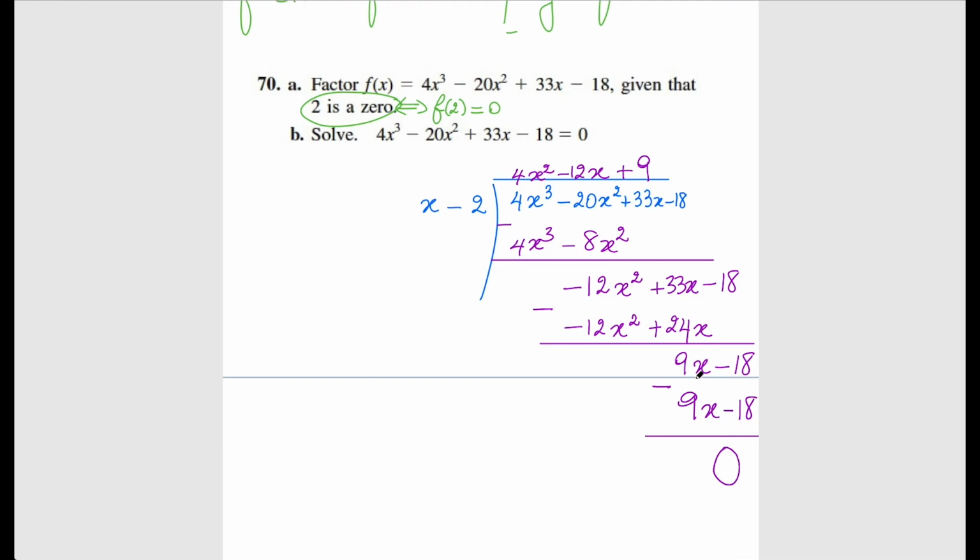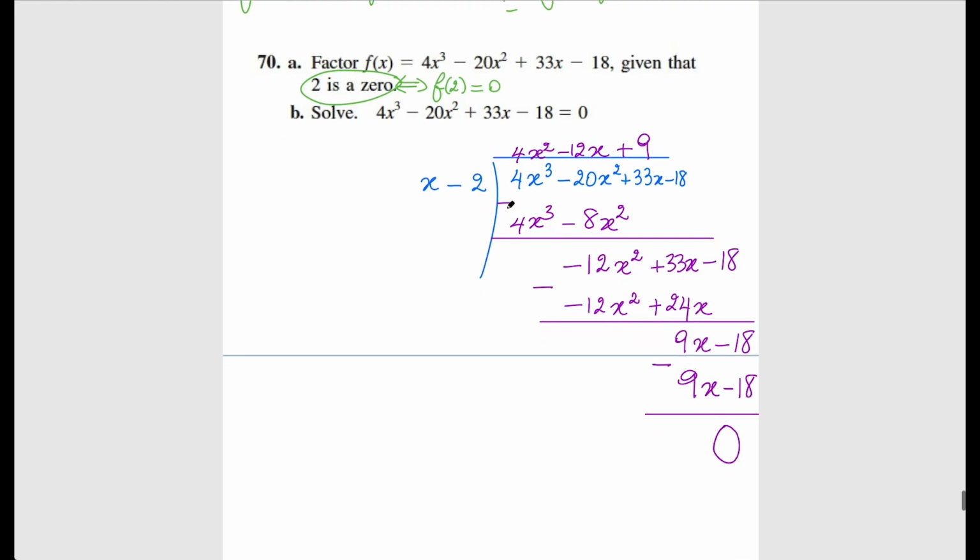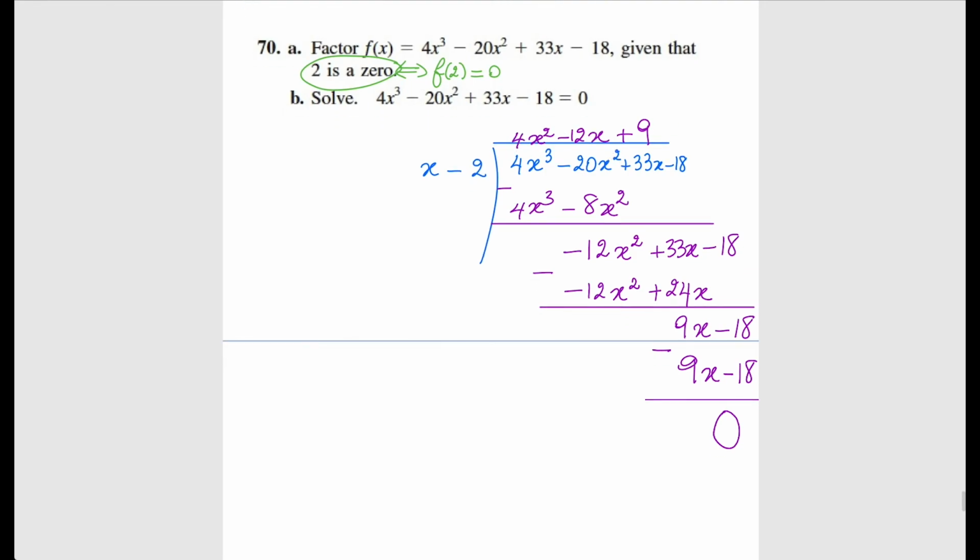Correct? Why is this useful? Because now I can write this dividend, the f of x, as x minus 2 times this quotient. So thus, f of x, which is this guy, is equal to x minus 2 times the quotient, 4x squared minus 12x plus 9, plus the remainder, which is 0, right?